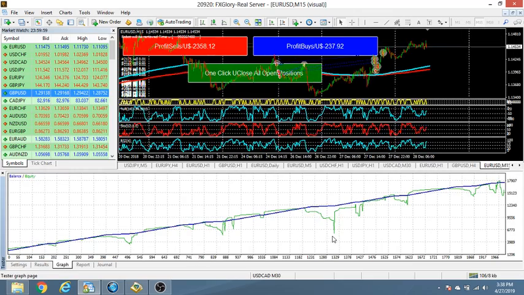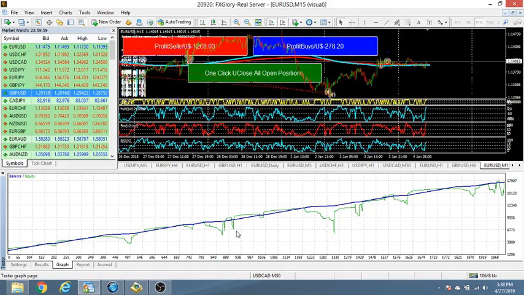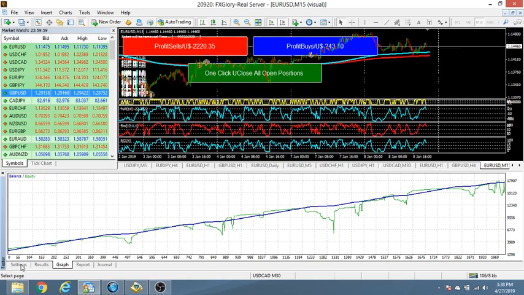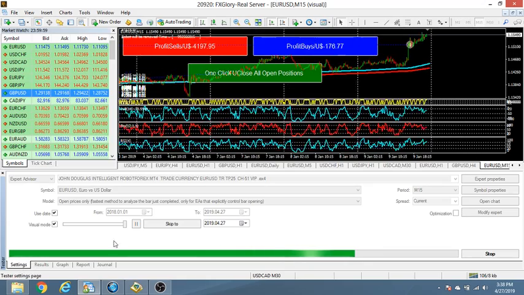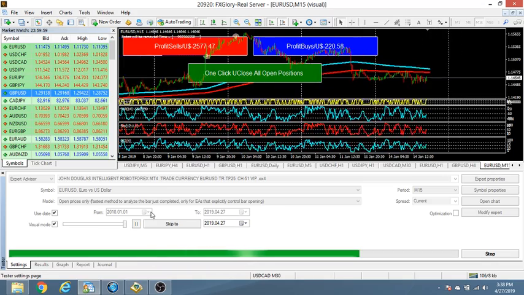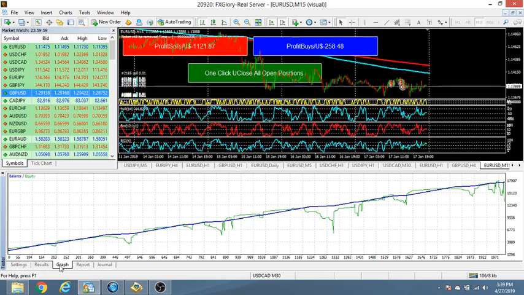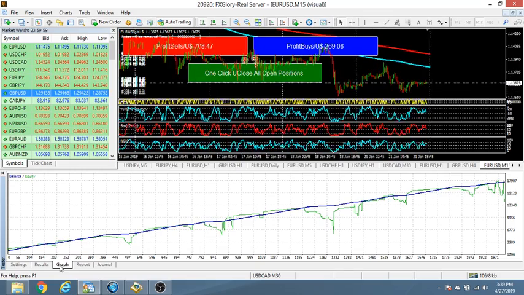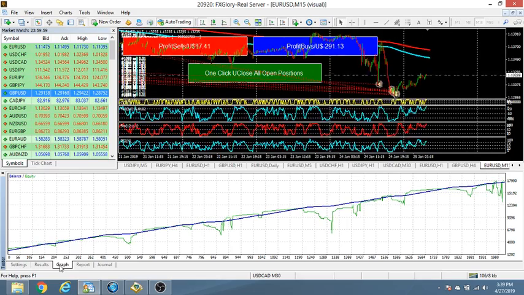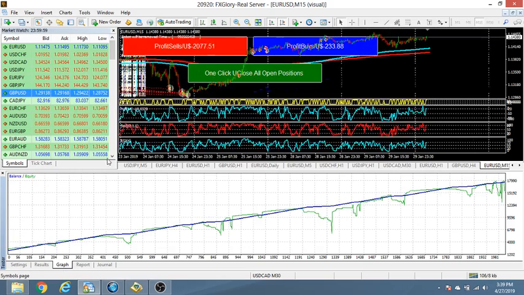This is the graph at 15-minute time frame. This is the graph here. Now they are in hedge mode.